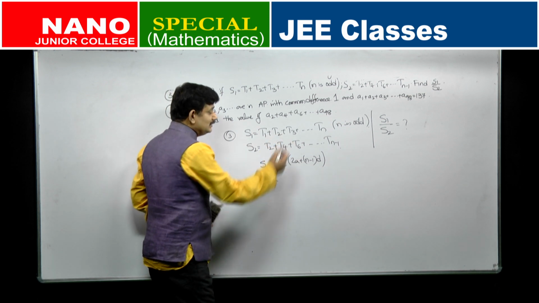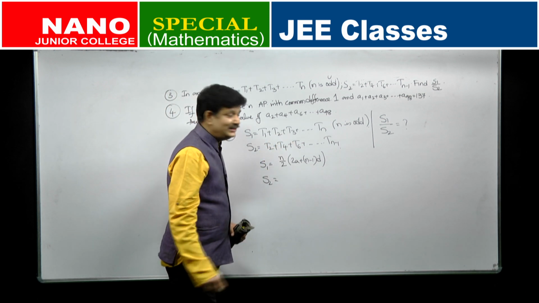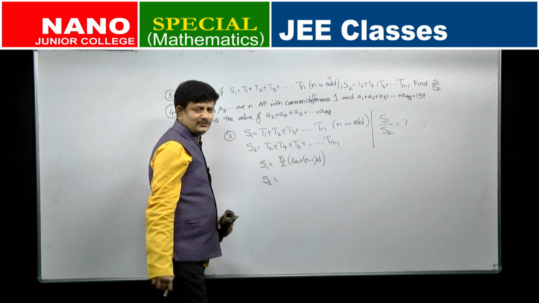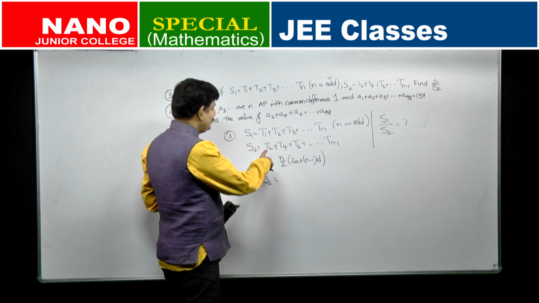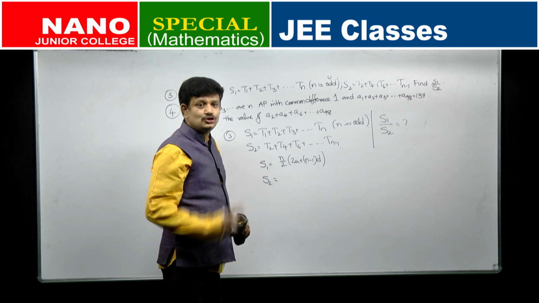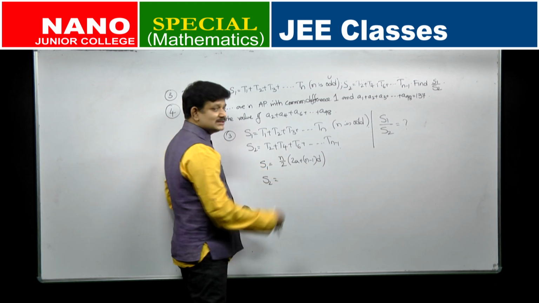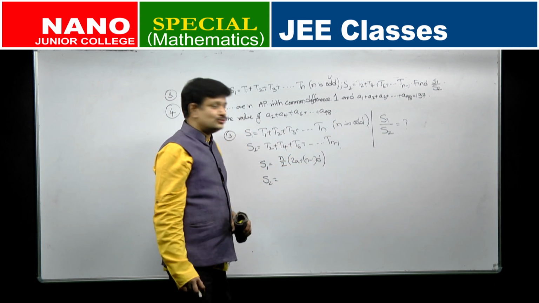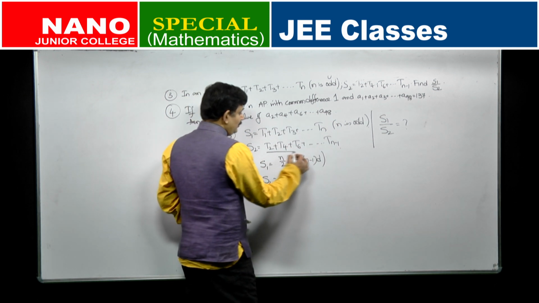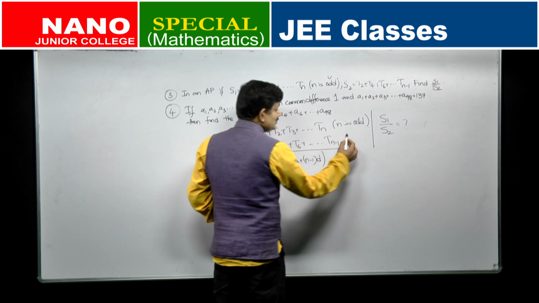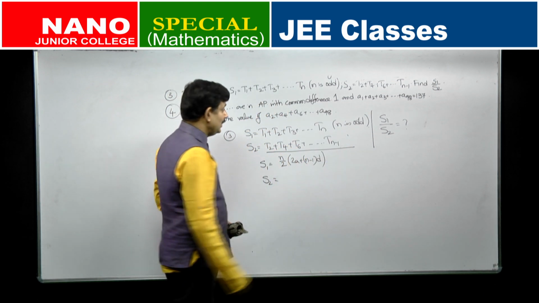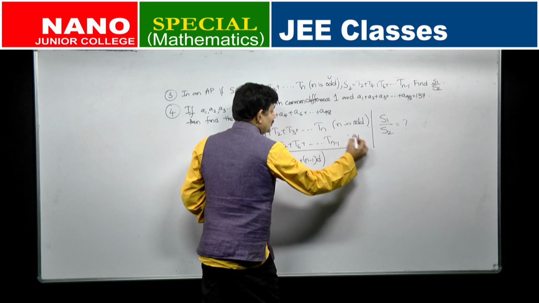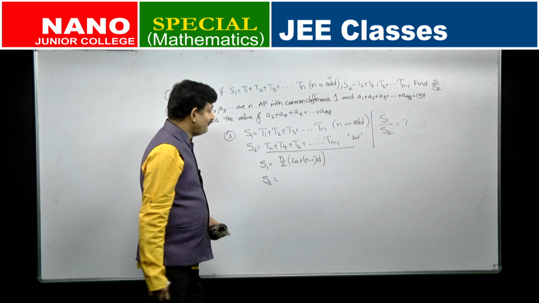See, T2 to T3 difference will be how much? d, right? T3 to T4 difference will be how much? Again d. So, T2 to T4 how much will be the difference? 2d. T4 to T6 how much will be the difference? 2d. T6 to T8 how much will be the difference? 2d. So, this is an AP whose common difference is how much? 2d. And what is the first term?